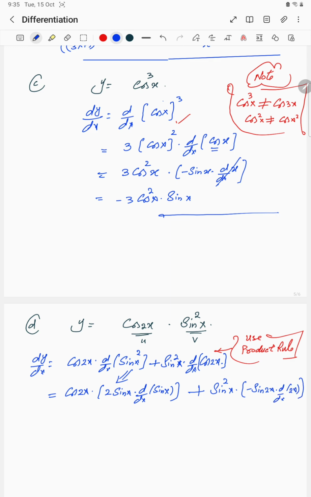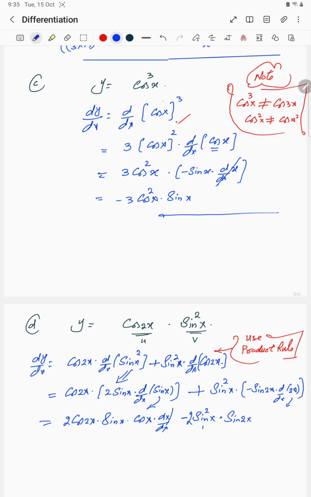Don't forget the basic concepts. So we have 2 cos of 2x times sine of x times the derivative of sine theta, which is cosine of theta, and the derivative of theta, the dx by dx, cancels, plus minus is minus, and the 2 comes out, so 2 sine square of x times sine of 2x.